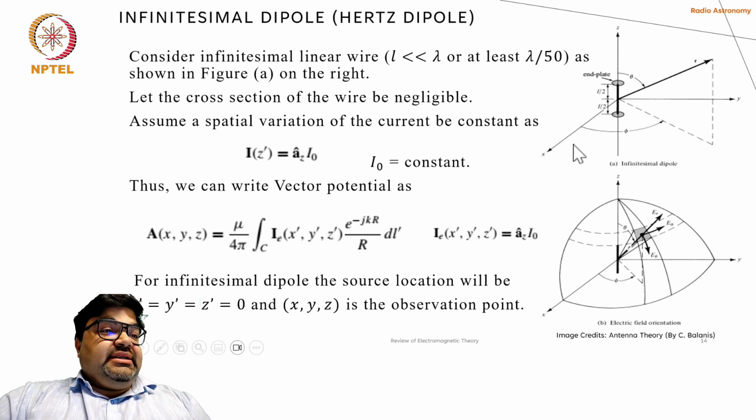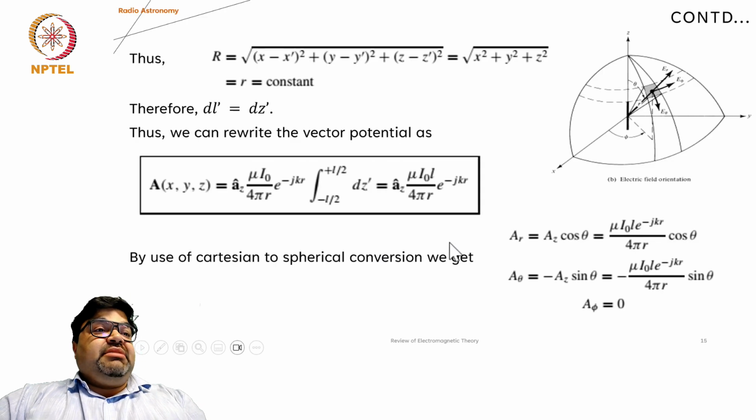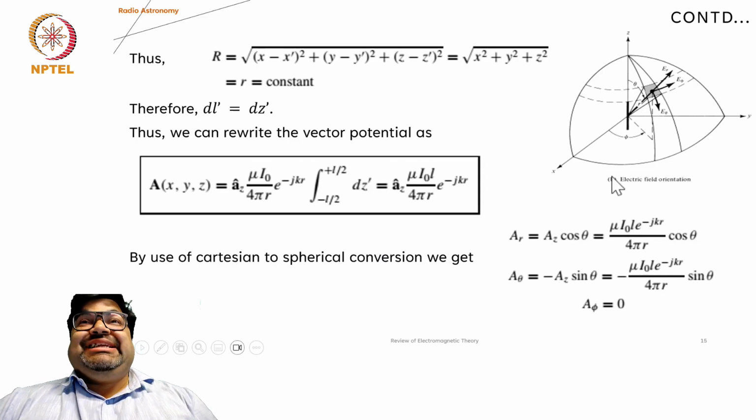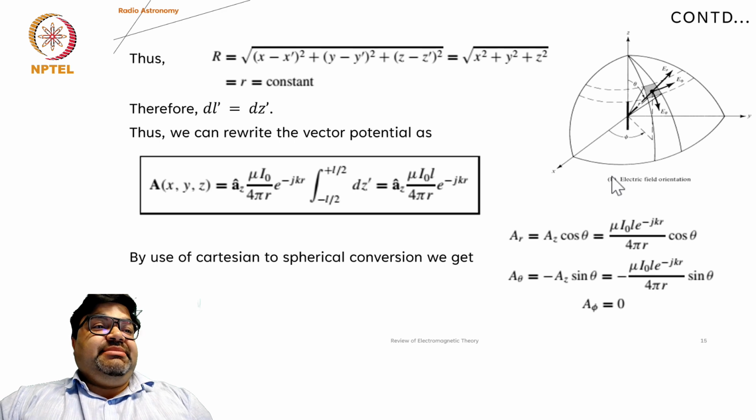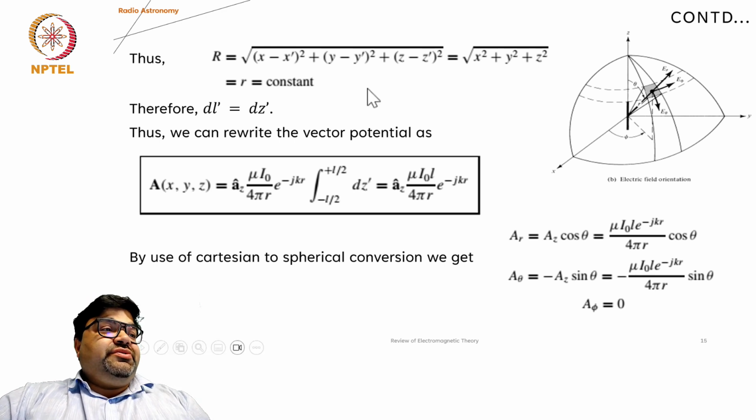So now A in Cartesian coordinates is expressed, but basically a spherical symmetry exists in the system, so we would like to express it in spherical polar coordinates.